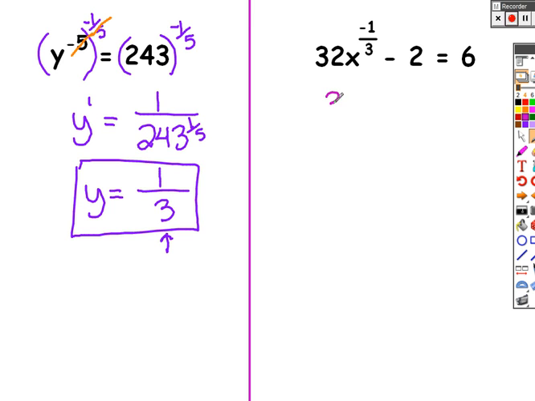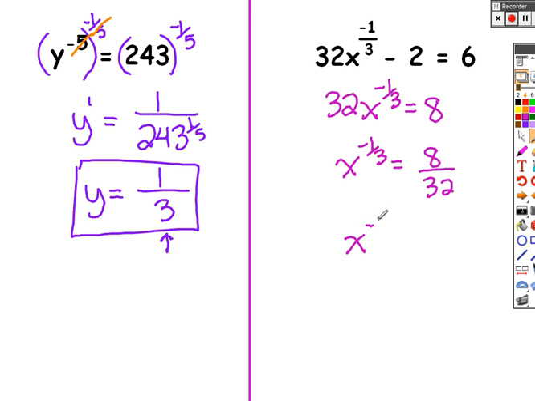add 2 to each side, divide by 32. 8 over 32 reduces to 1/4. Now, how do I get rid of the -1/3 power?